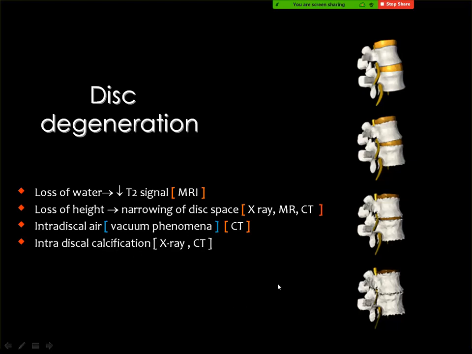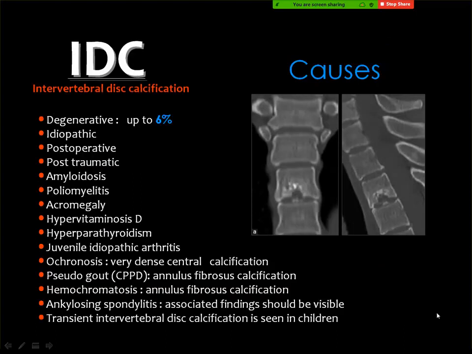Actually, we usually see loss of water, loss of height, and vacuum phenomena, but infrequently we see disc calcification. And here are the causes provided by the literature for calcified disc.